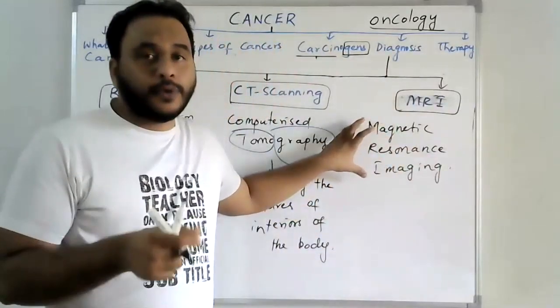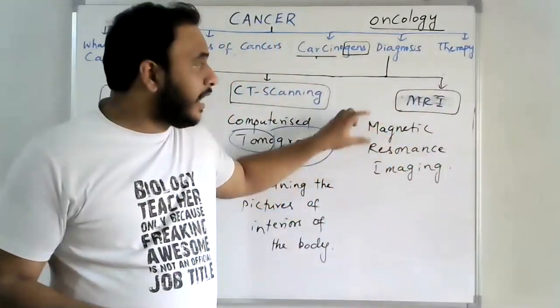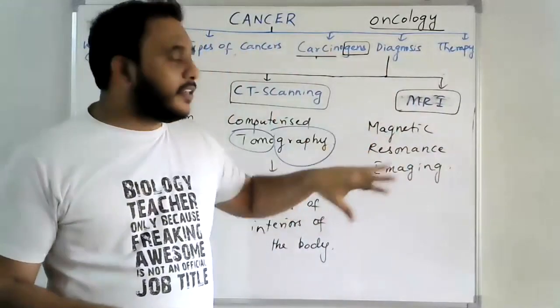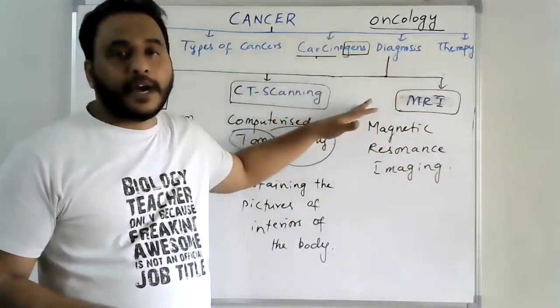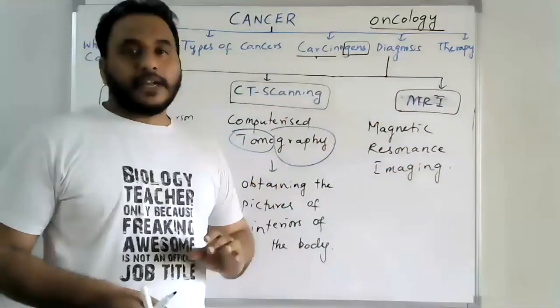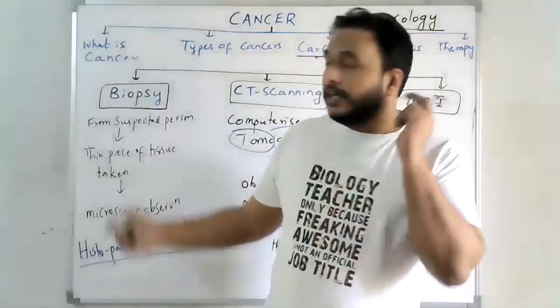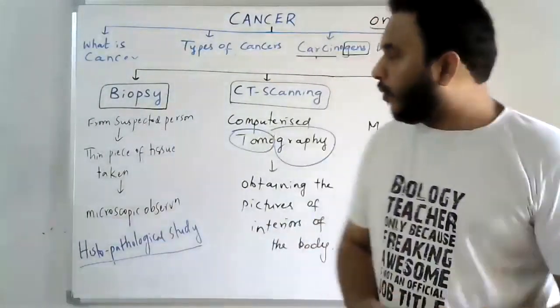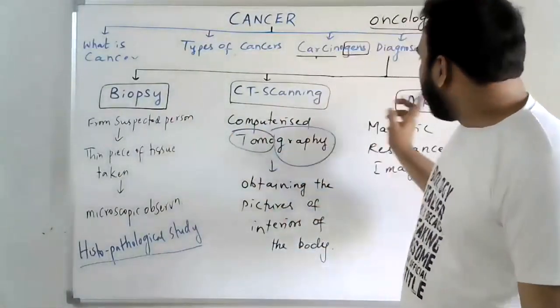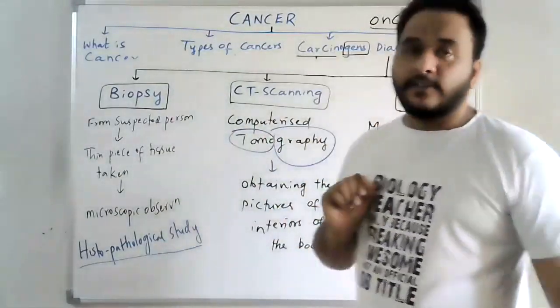With the help of nuclear magnetic waves and their resonance, we can understand that; that method is MRI. These two are advanced methods, and biopsy is the traditional, a little bit old conventional method. CT scanning, MRI, these are diagnostic methods.